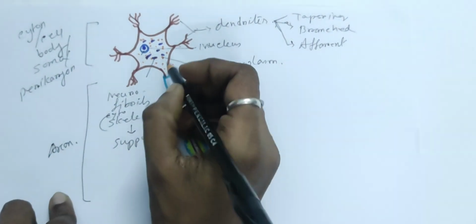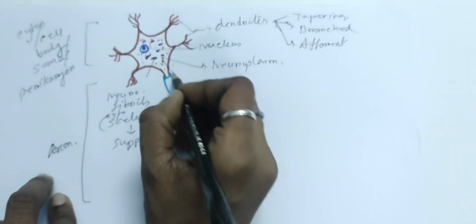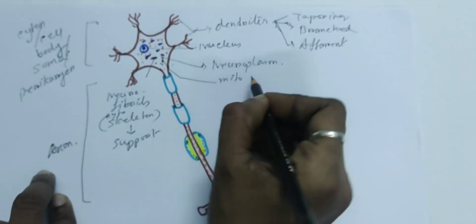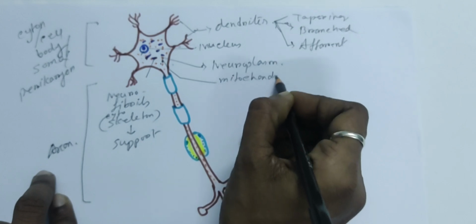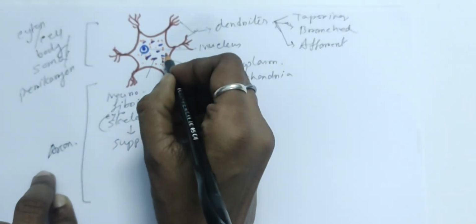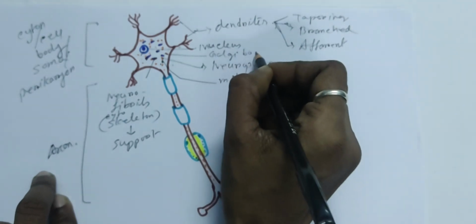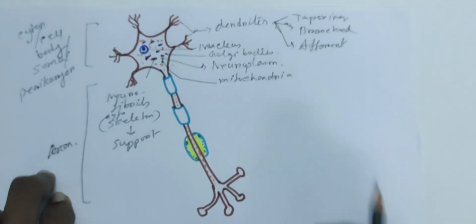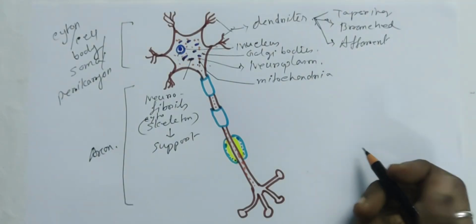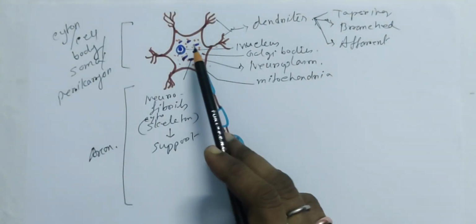Other cell organelles, mitochondria and Golgi bodies, are present in the cell body.